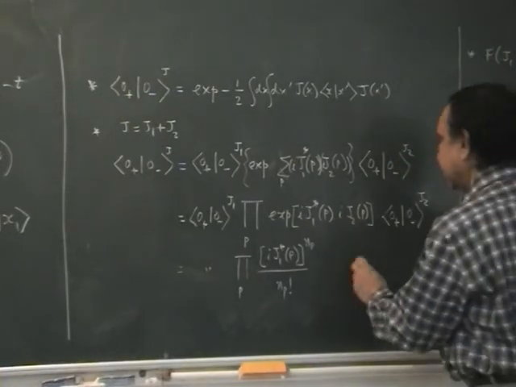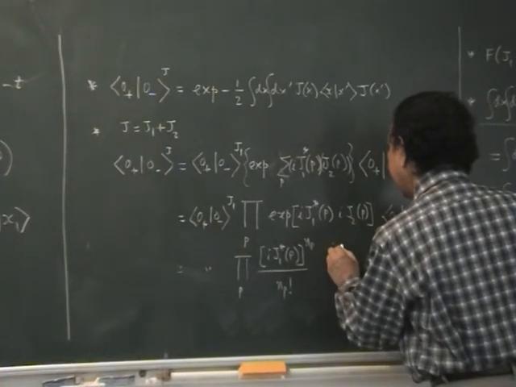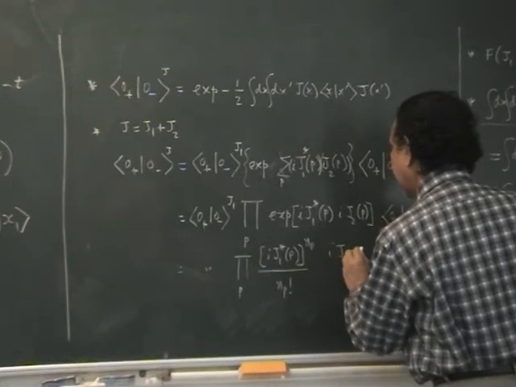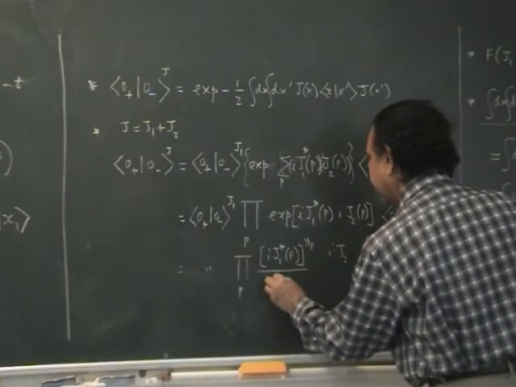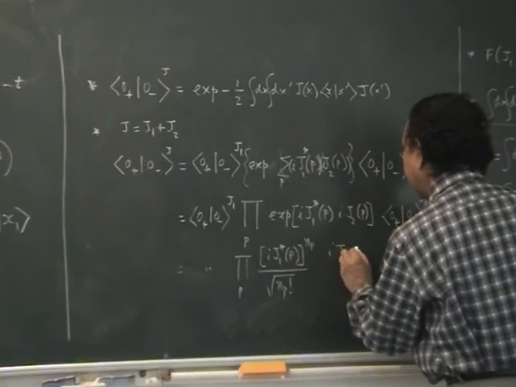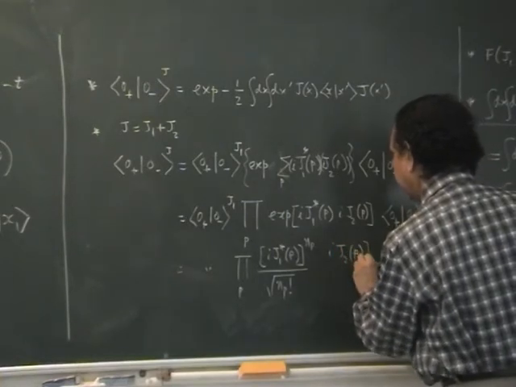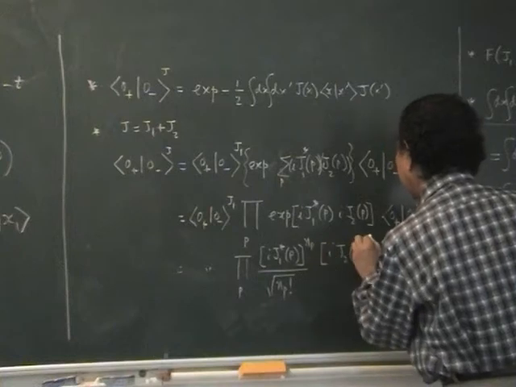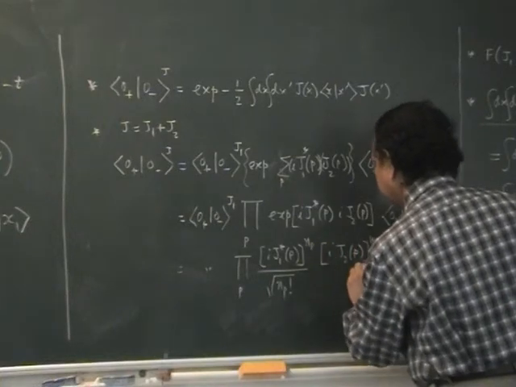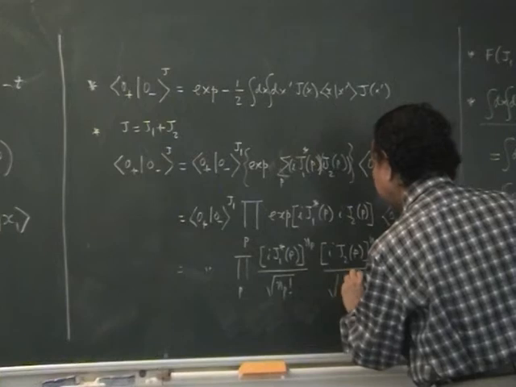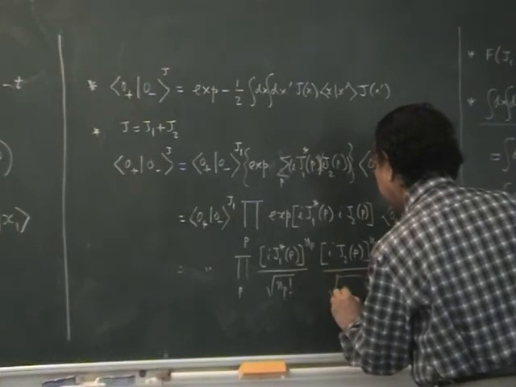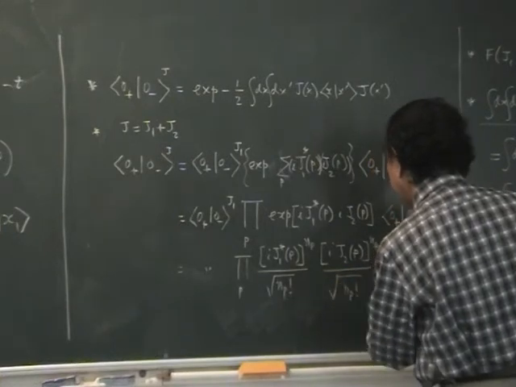Then this one will give you similarly an I J2 of P to the power NP upon square root of NP factorial.